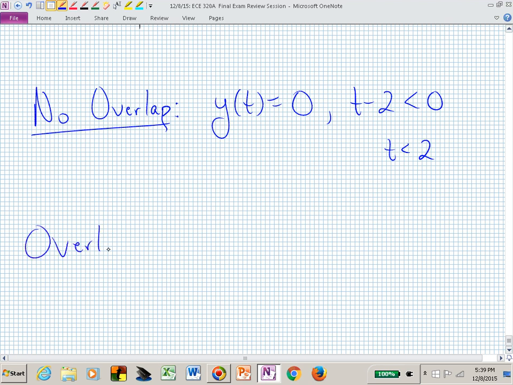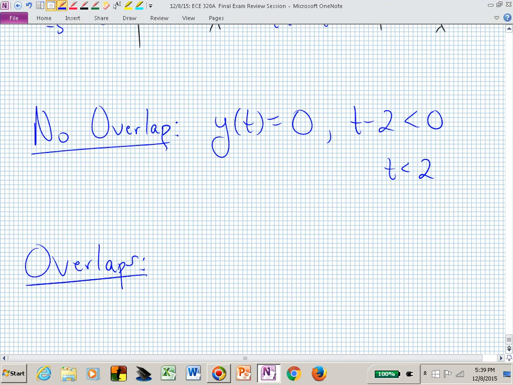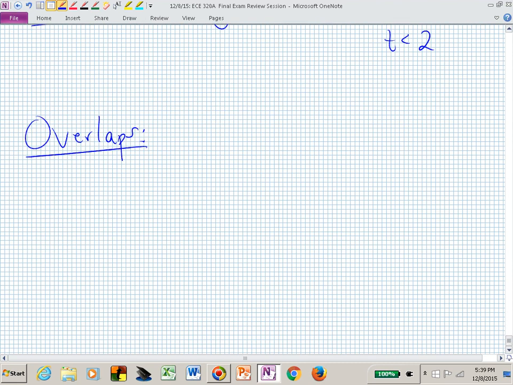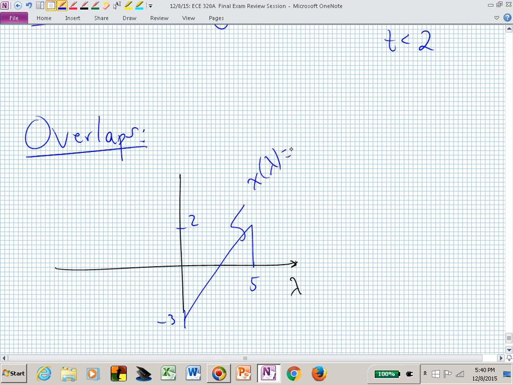What about our overlaps? Well, we know we better start overlapping when we move beyond t equal 2. If we look at this, here is our axis, there's lambda. There's x of lambda, which is lambda minus 3, functionally.